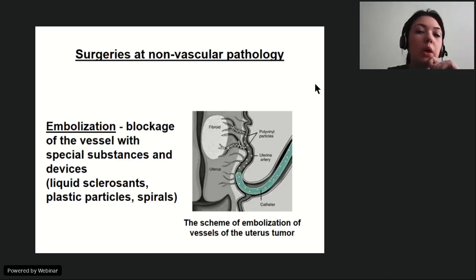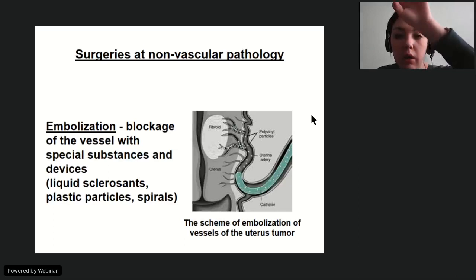So we perform embolization, a blockage of the vessel with special substances and devices like liquid sclerosants. These are substances which cause sclerosis, formation of connective tissue inside the vessel lumen, plastic particles, spirals. How do we usually do it? We do it through the approach in the femoral artery. By this introducer and wire, we reach the common iliac artery.